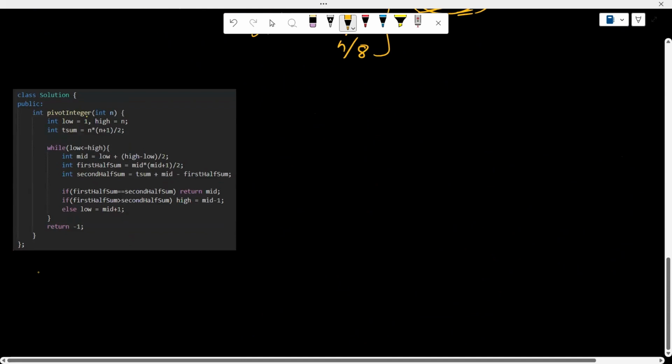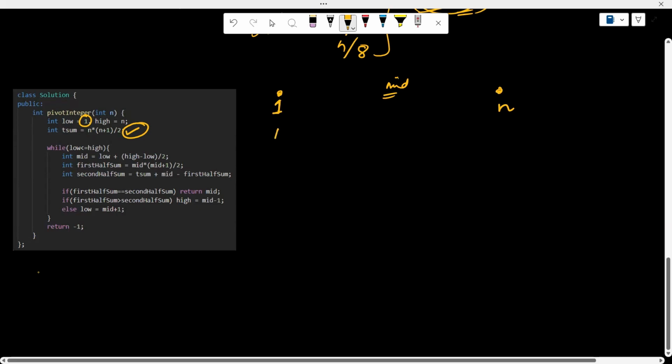Initially we have two pointers. Let's suppose the low pointer is at 1 and the high pointer is at n, and we will find the midpoint. Here we are finding the total sum.